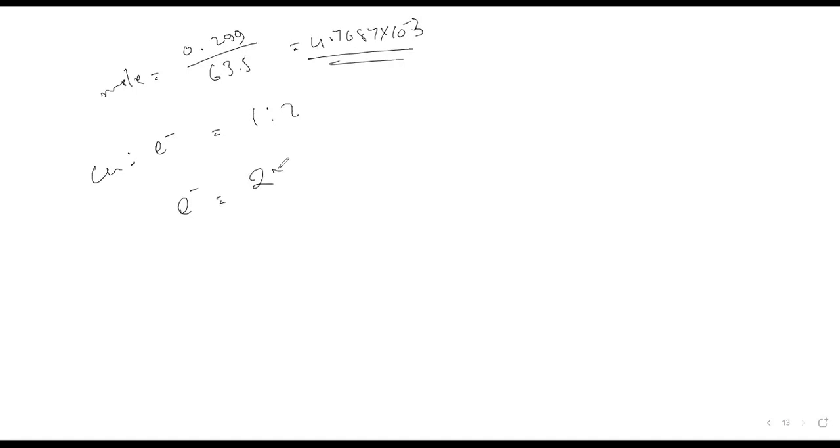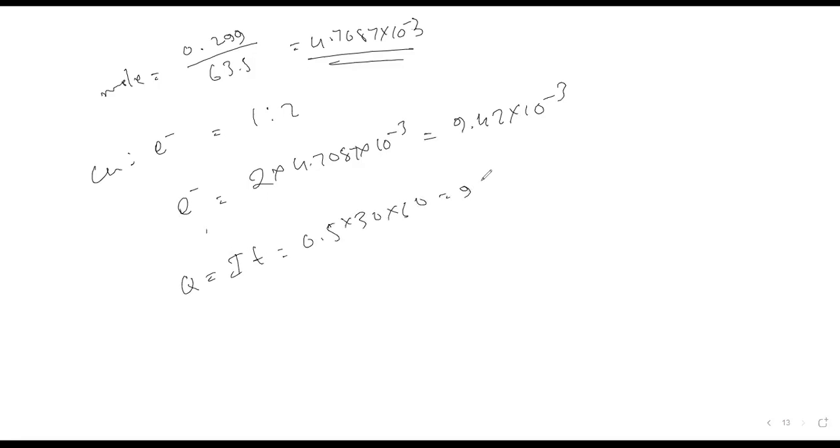Double of 4.7087 into 10 to the power minus 3 equals 9.42 into 10 to the power minus 3. Then we also need to find the charge, which we can find by using the formula Q equals I T, equals 900 coulomb.